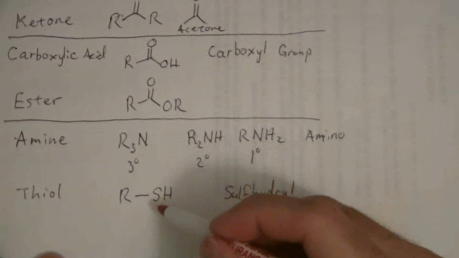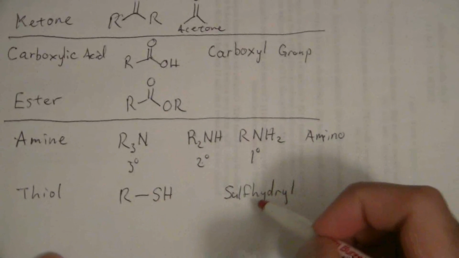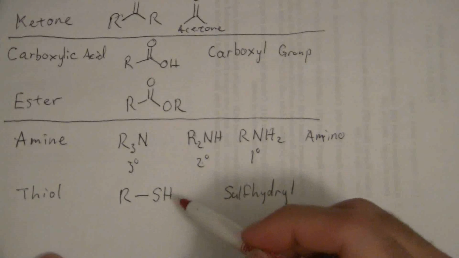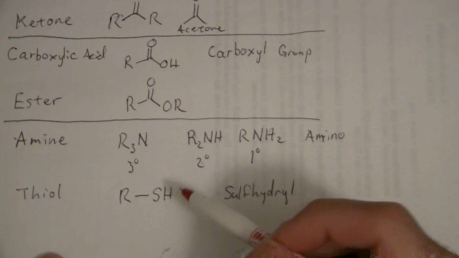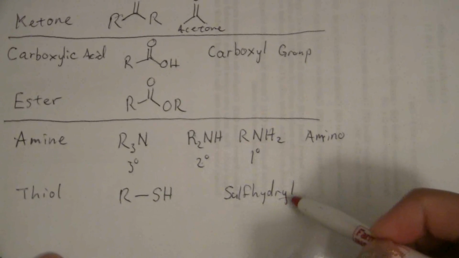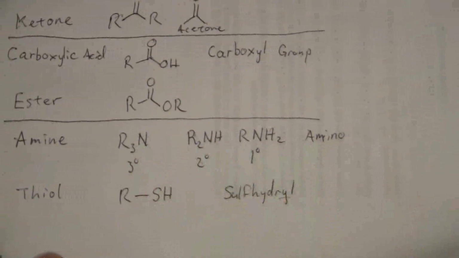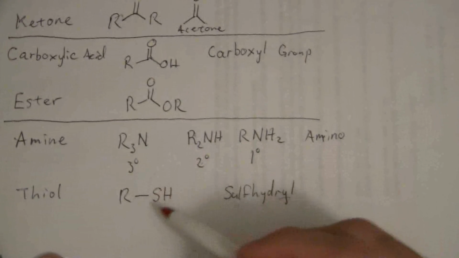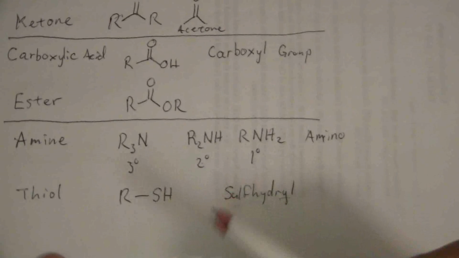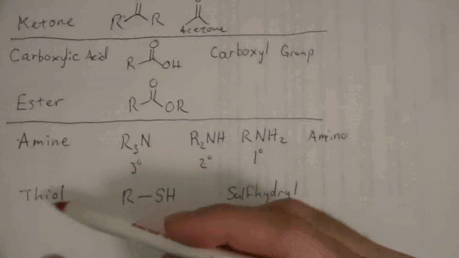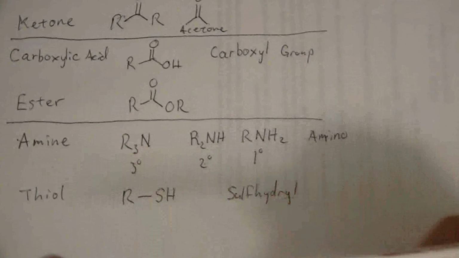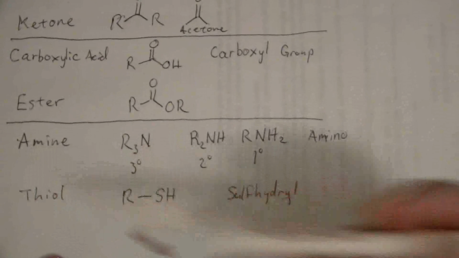Sulf obviously for the sulfur, and hydryl for the hydrogen, and then the YL ending because we're naming that as a group. This is known as the sulfhydryl group, and the molecule is a thiol.